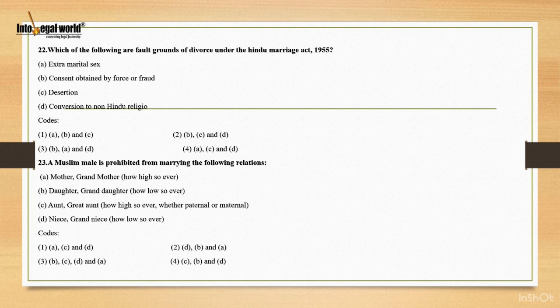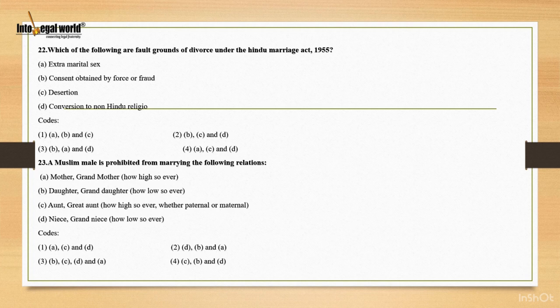Question number 23. A Muslim male is prohibited from marrying the following relations. So a Muslim male cannot marry these relations. Mother, grandmother, how high soever. He cannot marry his mother and grandmother. Daughter, granddaughter. He cannot marry a daughter and granddaughter either. Aunt, grand aunt.